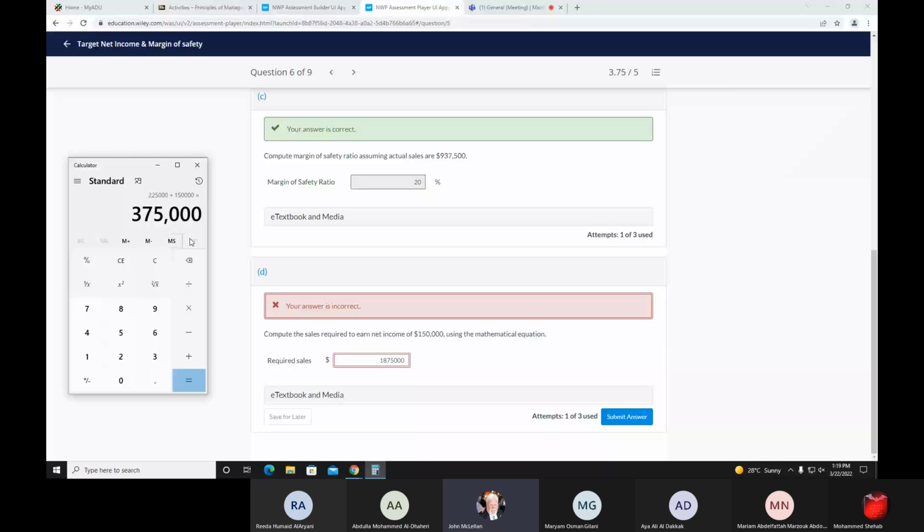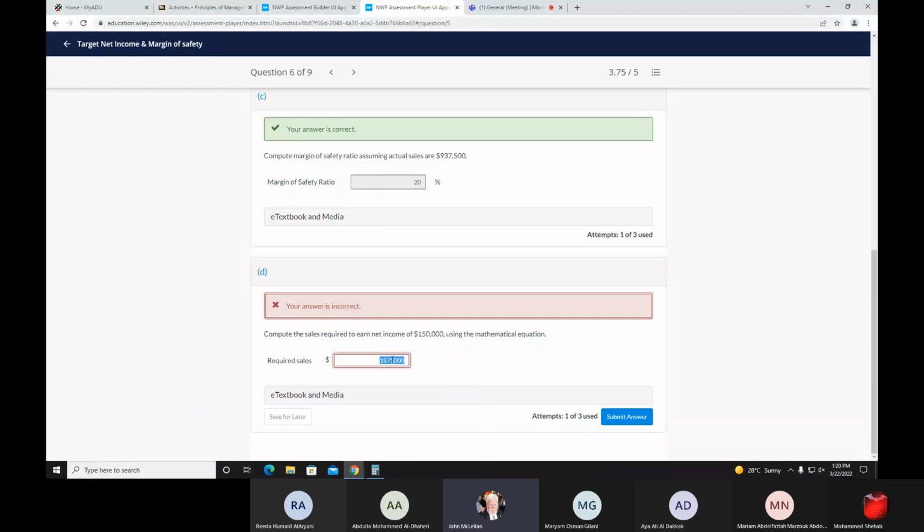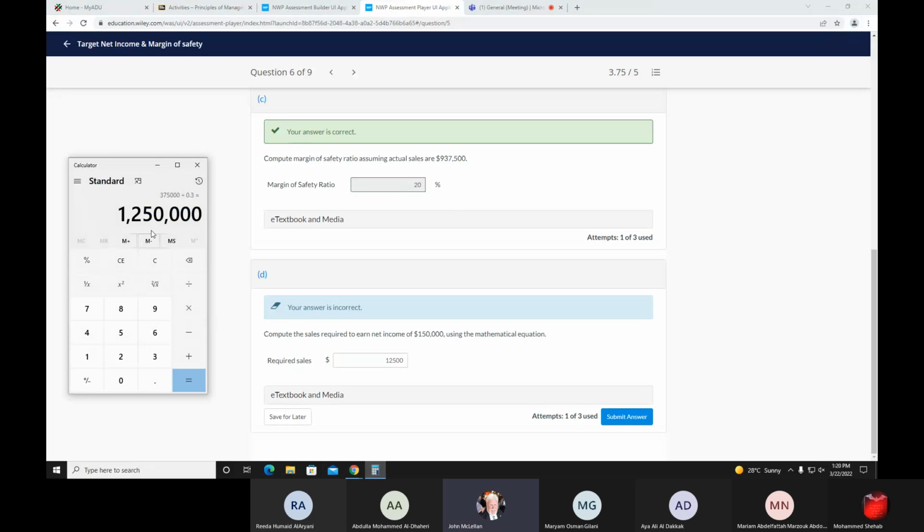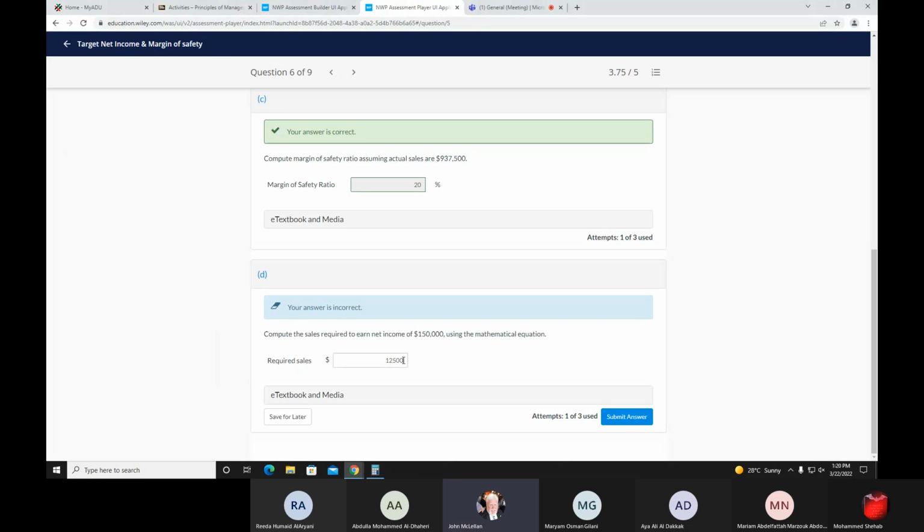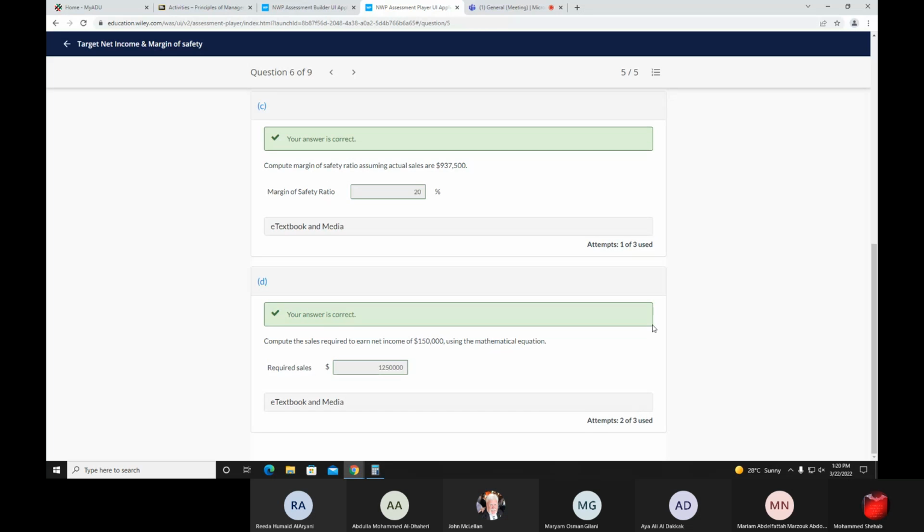Go back to the calculator. Okay, now you've got 375. Now you divide through by the contribution margin ratio, and the contribution margin, not the margin of safety ratio, 0.3. And you get 1,250,000. Try that. Okay. Same. Good.